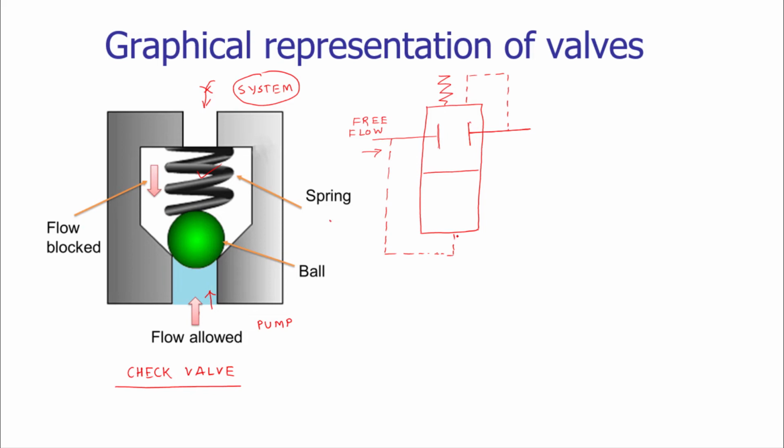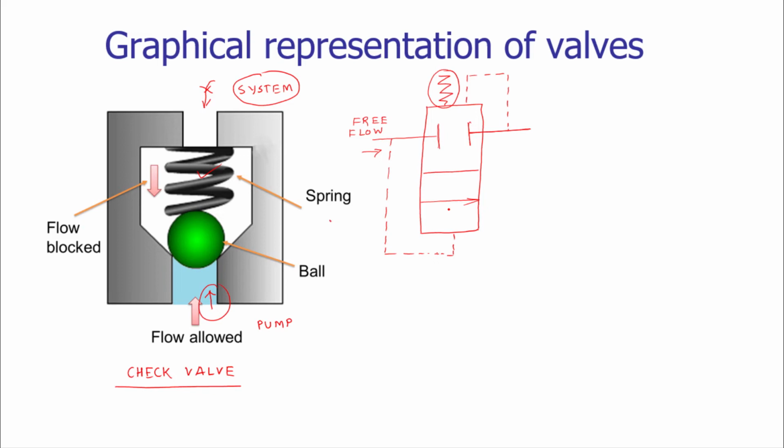When the inlet pressure, which is designated by using a dotted line, is more than the cracking pressure, more than the spring pressure here, then flow of fluid is possible from left to right. So in this way, the check valve has been represented.